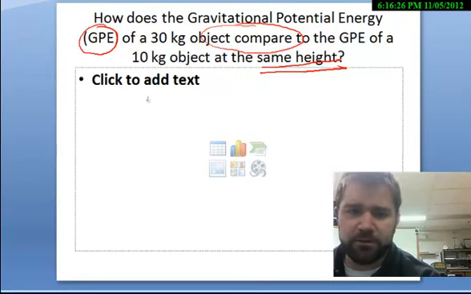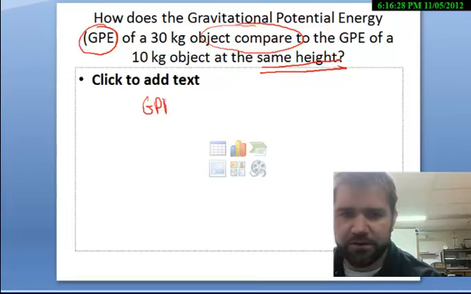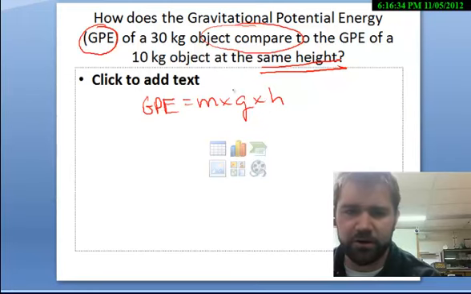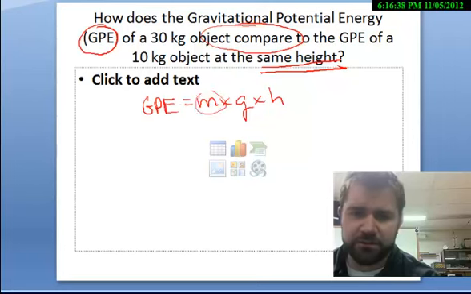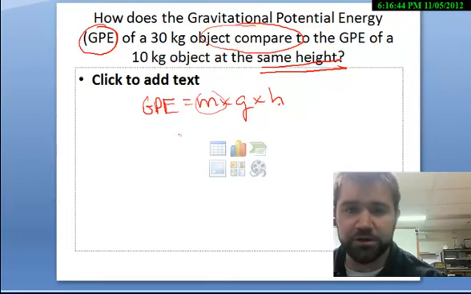Well, we know that because gravitational potential energy equals mass times gravity times height, none of these have an exponent on it. It's not mass squared or gravity squared or height squared. Therefore, if mass doubles, then gravitational potential energy doubles. And if the height doubles, then gravitational potential energy doubles.